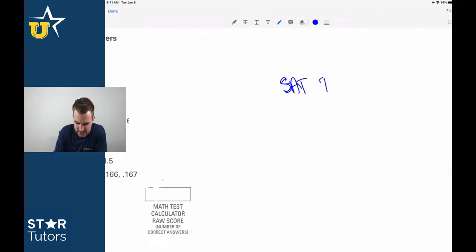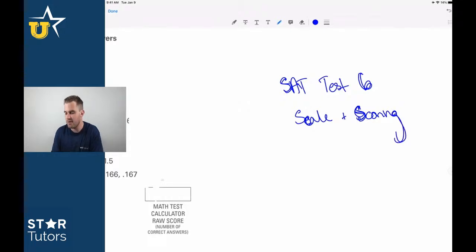SAT Test 6, scale. Okay, the scale and scoring. I am a huge believer, guys, that if you don't understand how this test is formatted, you're already going in at a disadvantage to other students. And it's so easy to understand how this test is formatted.